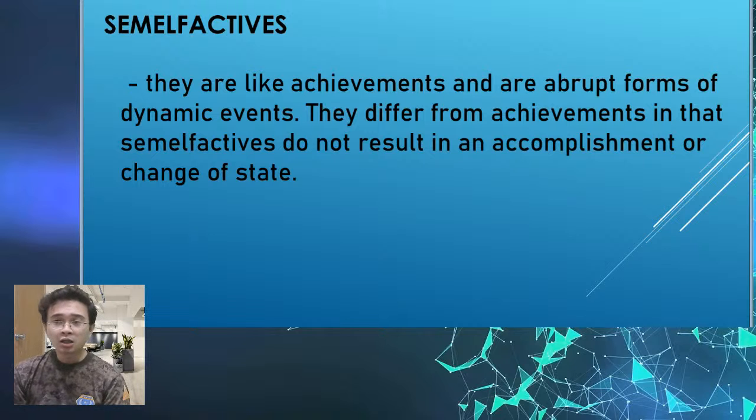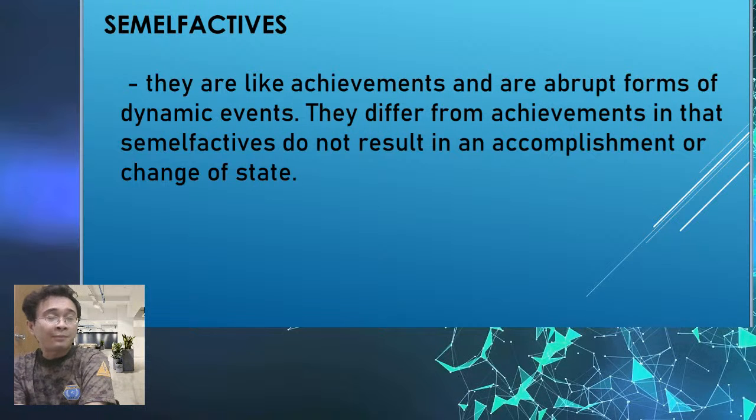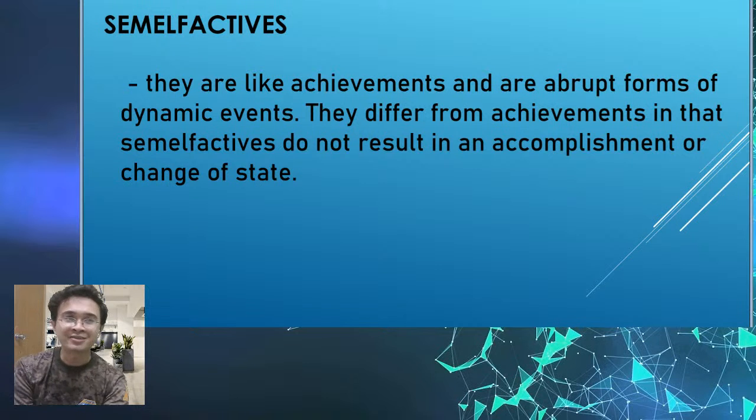But however, they differ from achievements because semelfactives do not show any result, accomplishment, or change of state. This action happens really fast, but there is no result even though it happens so fast. So we call this verb semelfactives.